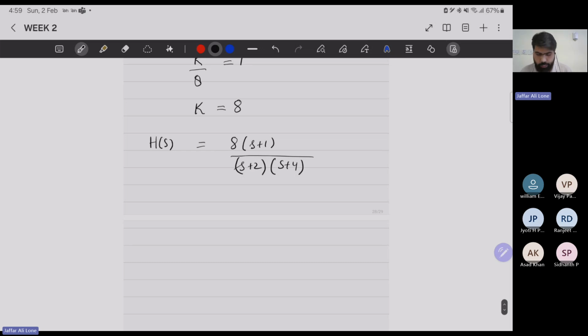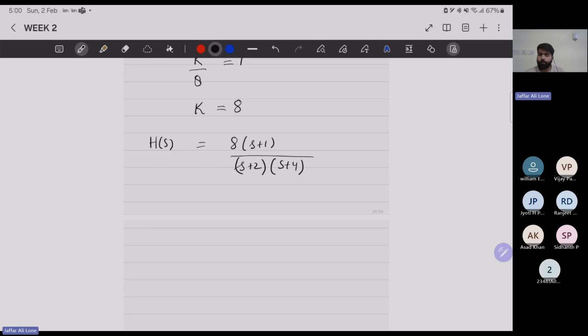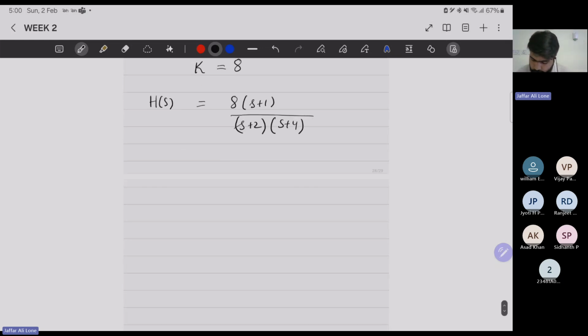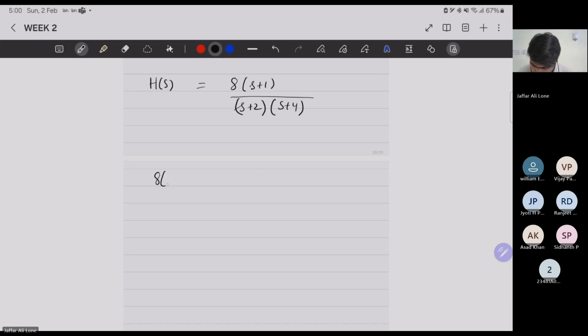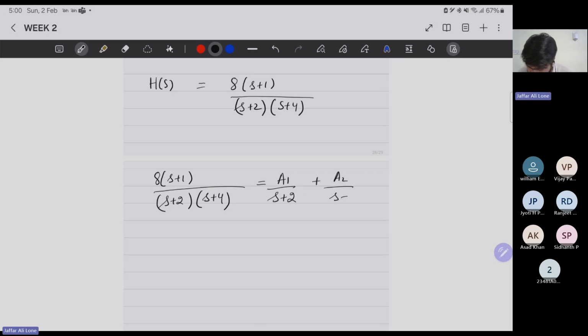Correct? Now, what I said is that transfer function is the Laplace transform of impulse response. And if we take the inverse Laplace of this transfer function, we should get the impulse response, right? So again, we will take the inverse Laplace, that is 8 into s plus 1 divided by s plus 2 into s plus 4 is equal to a1 over s plus 2 plus a2 over s plus 4.